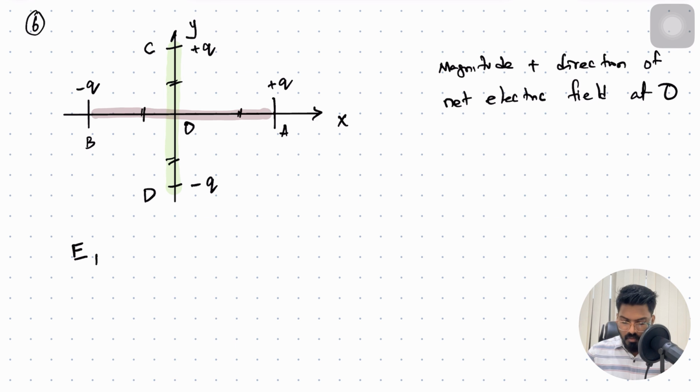E1 is nothing but the field at O due to, let's say, P1. Now P1 is going to act in this direction, this dipole moment. Now the other dipole moment would act in this direction. Remember, it is always going to act from negative to the positive charge.